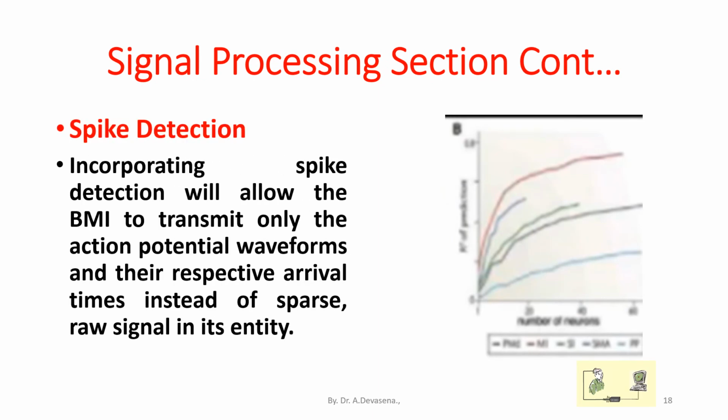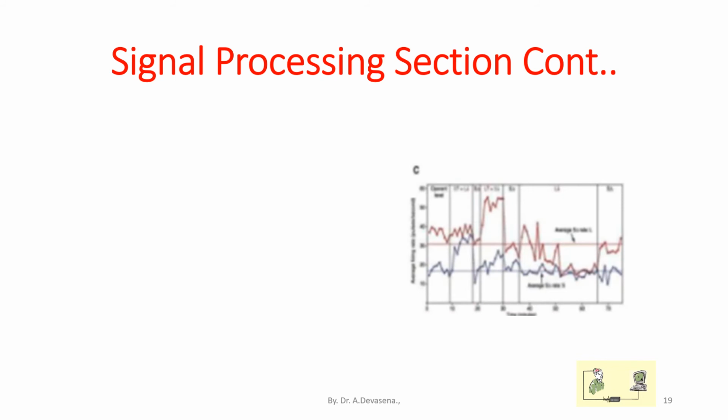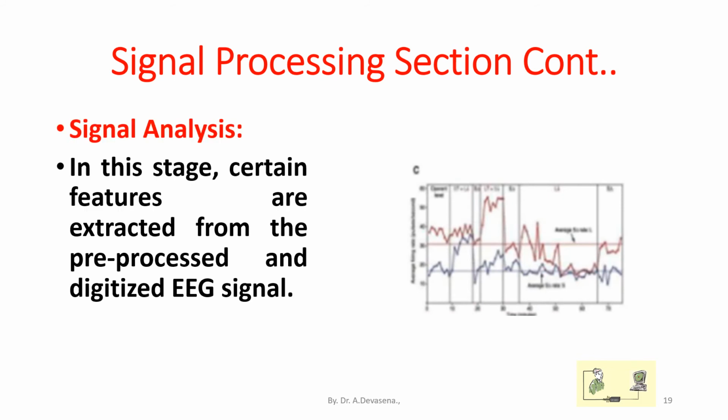Incorporating spike detection will allow the BMI to transmit only the action potential waveforms and their respective arrival times instead of the sparse raw signal in its entirety. Signal analysis. In this stage, certain features are extracted from the pre-processed and digitized EEG signal.